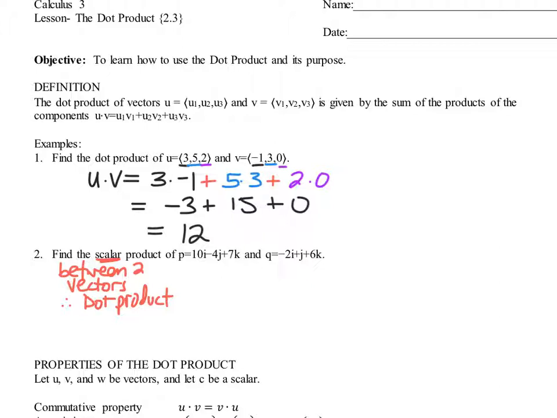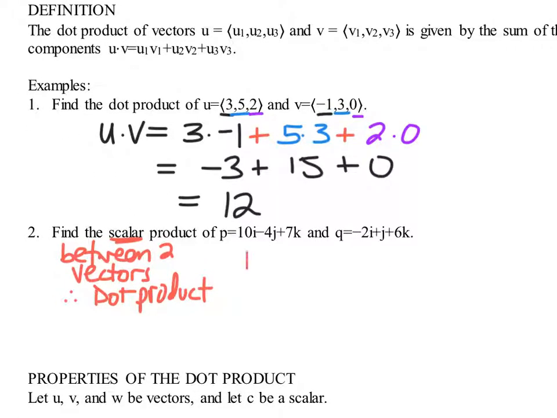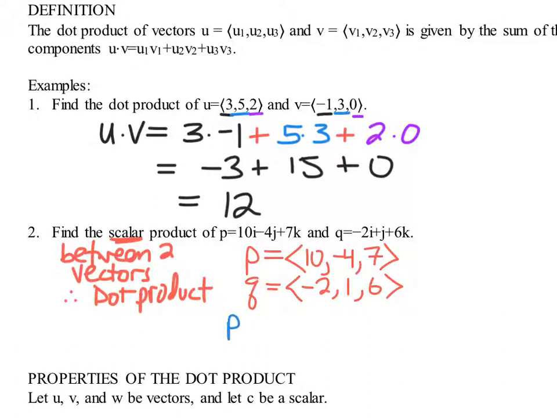And so if you want, just for consistency, you might consider writing P as 10, -4, 7, and Q as -2, 1, 6. In order to find our dot product, P dot Q, which would be, again, the sum of the product.